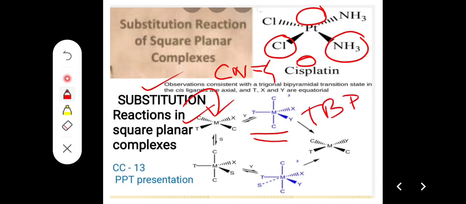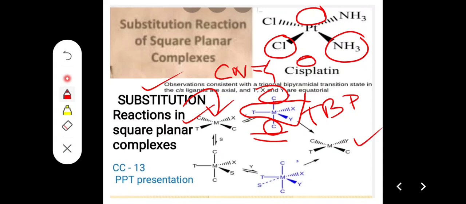So we get the two C's in trans orientation, and the leaving group, incoming group, and the spectator ligand T are in the same plane. Then again Y, the leaving group, is removed, so we get overall this product.